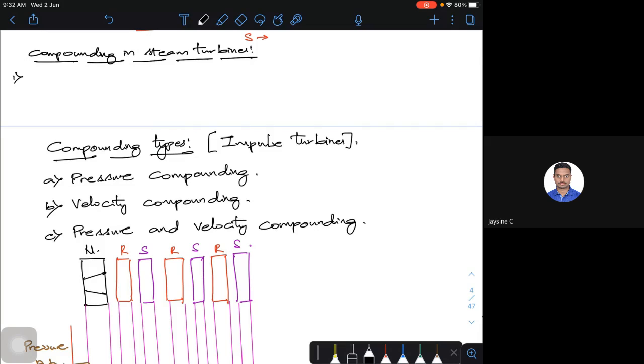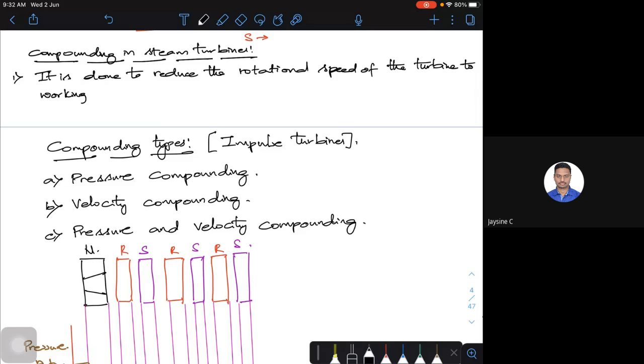So compounding is done to reduce the rotational speed of the turbine to working limits.